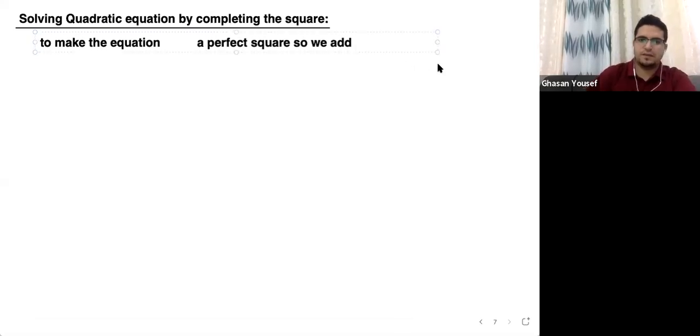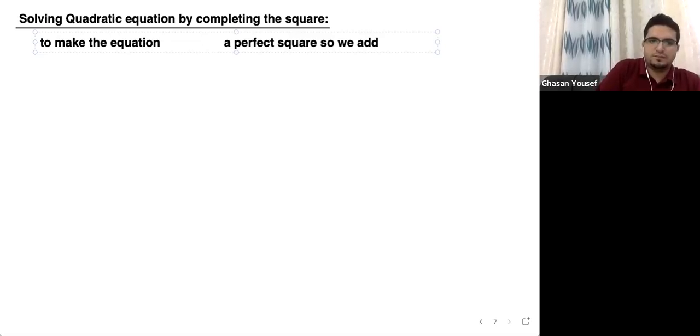So suppose I have a quadratic equation of the form x squared plus bx. To make it a perfect square, we add b over 2 squared to both sides of this equation.